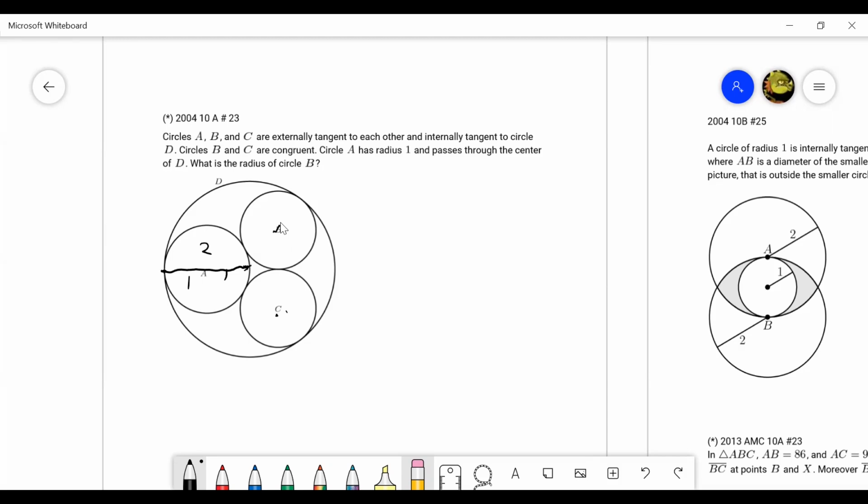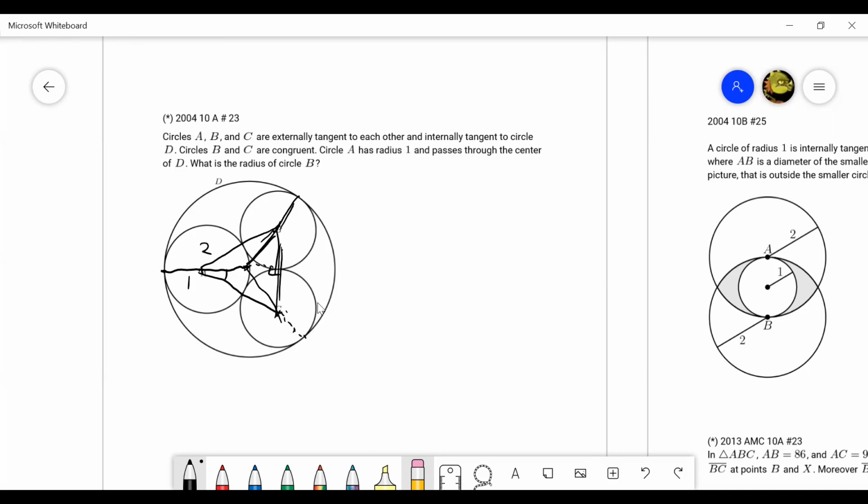So if we take the centers of the circles, as that is the easiest way to consolidate a diagram, we'll see that it looks something like this, right? So now we can use the Pythagorean theorem to find this radius in a different way.